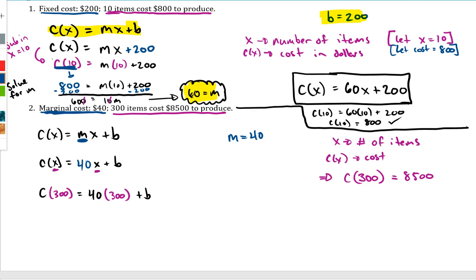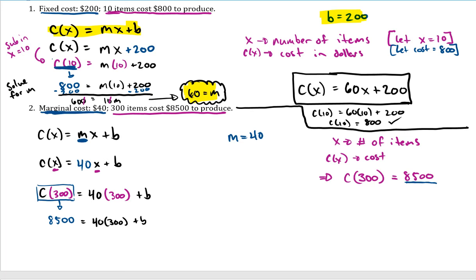So they're saying the cost to produce 300 items is $8,500. So change that left side to $8,500. And then from here, we do have 40 times 300 plus b.